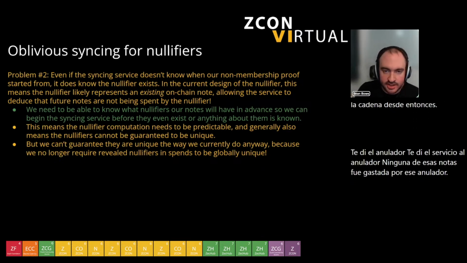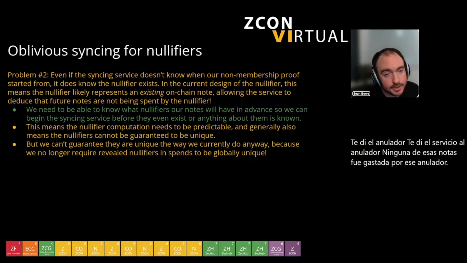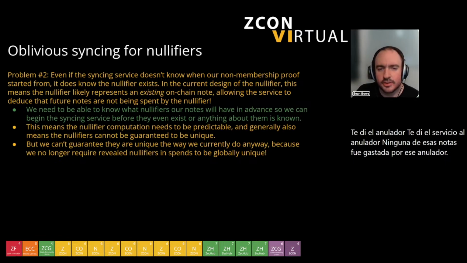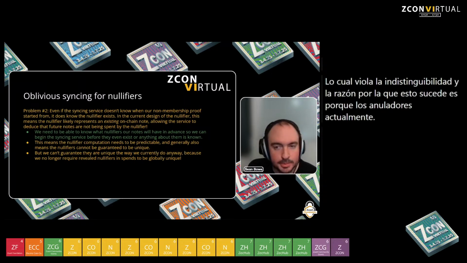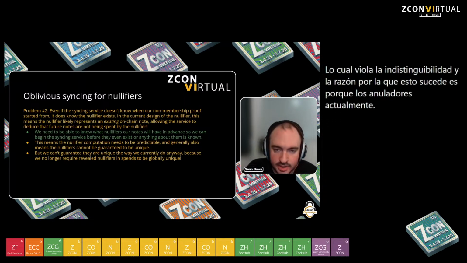And the reason why this happens is because nullifiers currently are computed using information that is, for the most part, unpredictable prior to the creation of the note. For example, the note commitment, and a bunch of other data that can't be anticipated, basically.